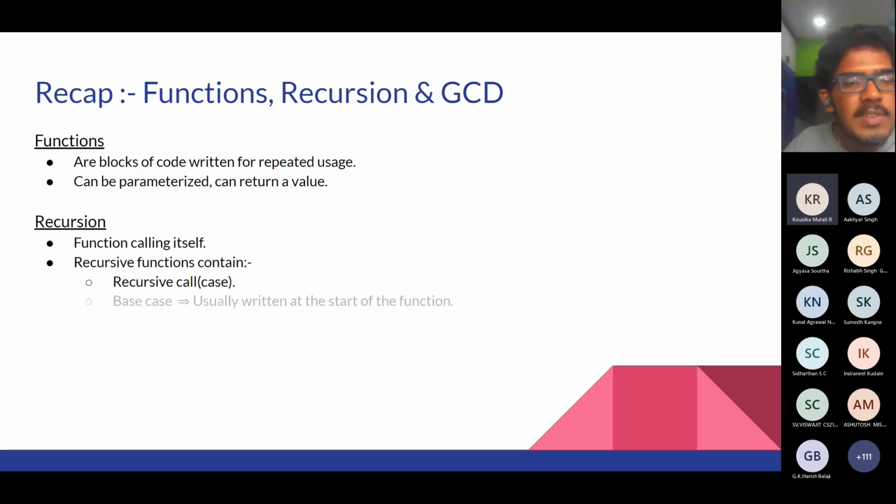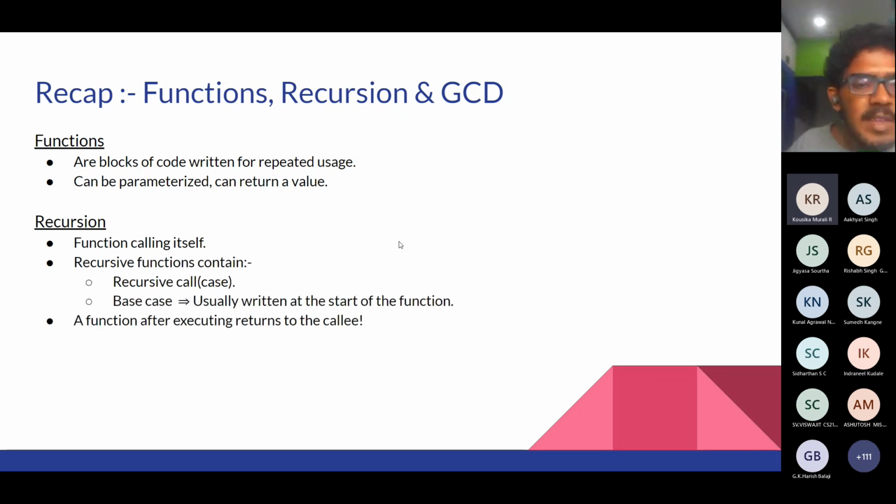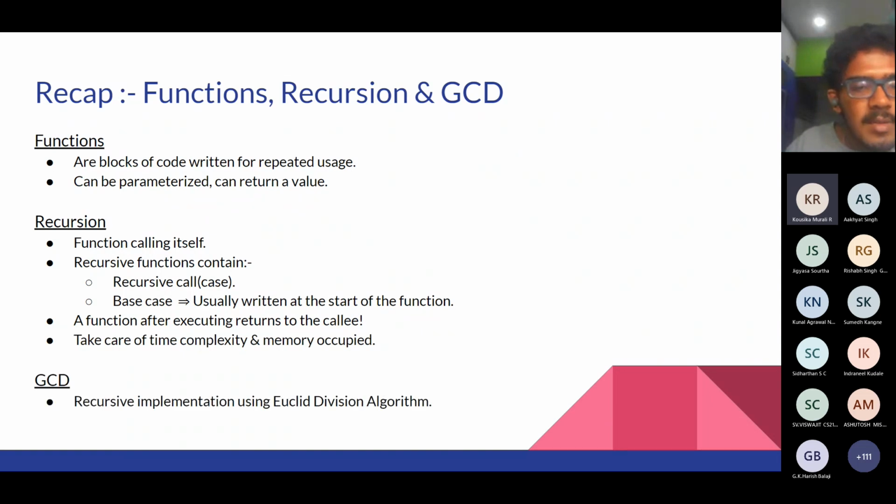Recursion is a function calling itself. Don't forget the base case, which is usually written at the start of the function, and make sure you get the recursive call right. Take care of the time complexity; for example, the Fibonacci function takes exponential time. And for GCD, you can implement it recursively, or you can also use the inbuilt function.